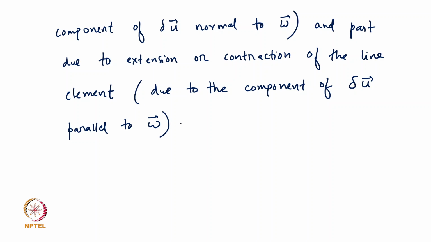Okay, so extension and contraction is because of the velocity component which is parallel to the vortex line, whereas the rotation is due to the component which is normal to the vortex line. And when I say vortex line, it automatically means the vorticity vector, because the vorticity vector is always tangential to the vortex line.